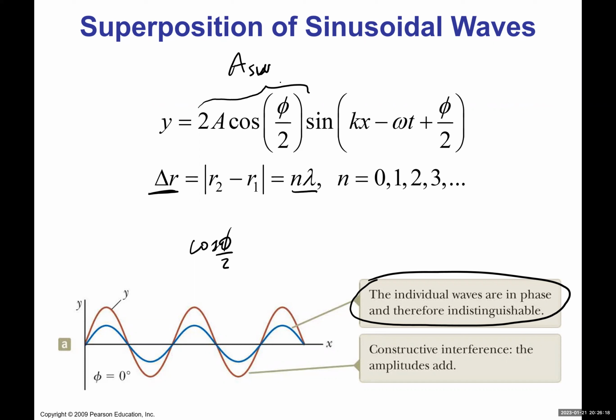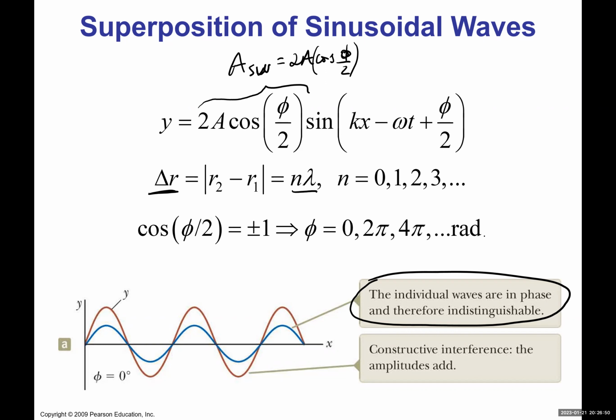As you can see, that amplitude of the superposition wave is equal to 2a cosine phi over 2. So the maximum for this is when this amplitude of the superposition wave is equal to 2a. Here a is the amplitude of the waves, you can't really do anything about it. So that means you have to look at the cosine phi over 2.